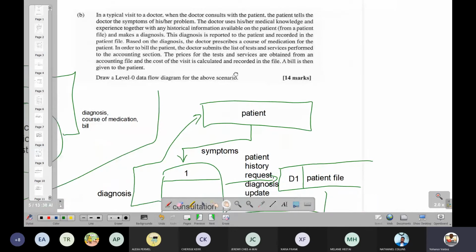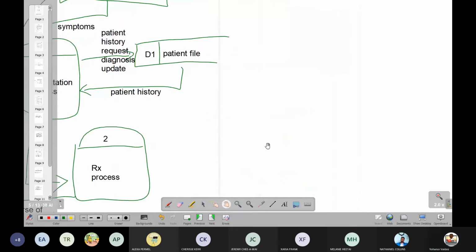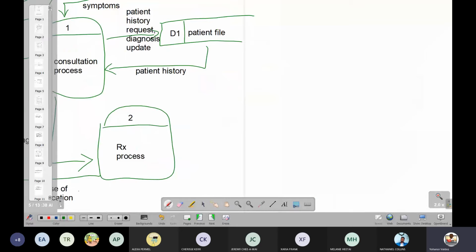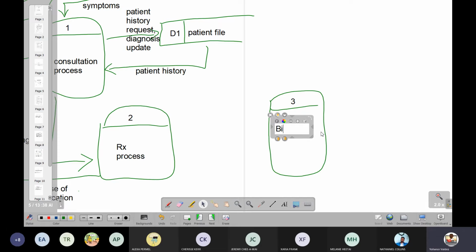So we have a third process, which we could name the accounting process, or billing process.